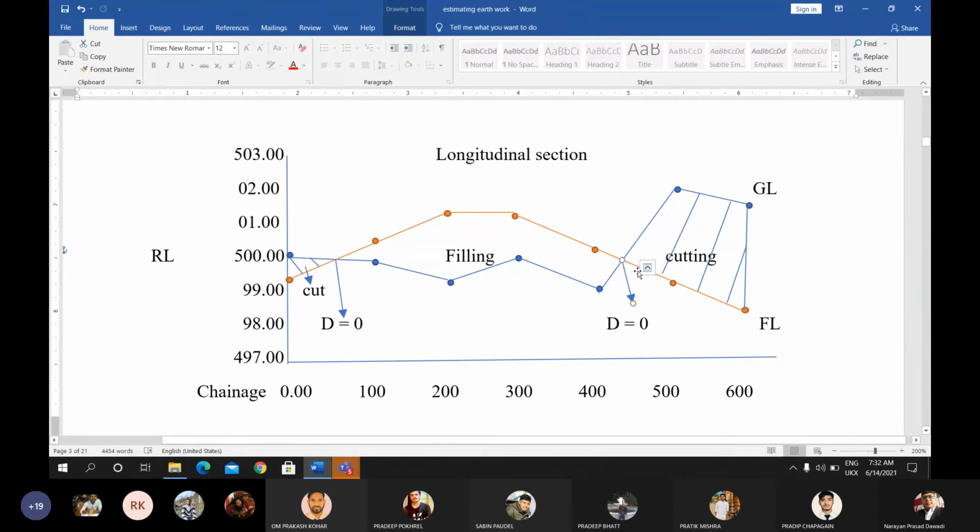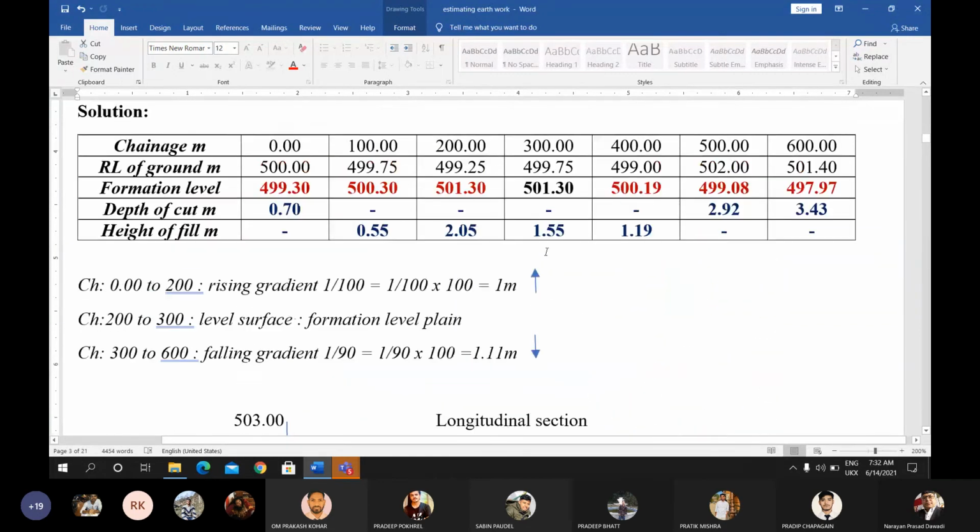This can be seen from the plotting of the figure also, and you can imagine that from cutting to filling there must be a 0 depth channel. Again, from filling to cutting there must be a 0 depth channel in between them.